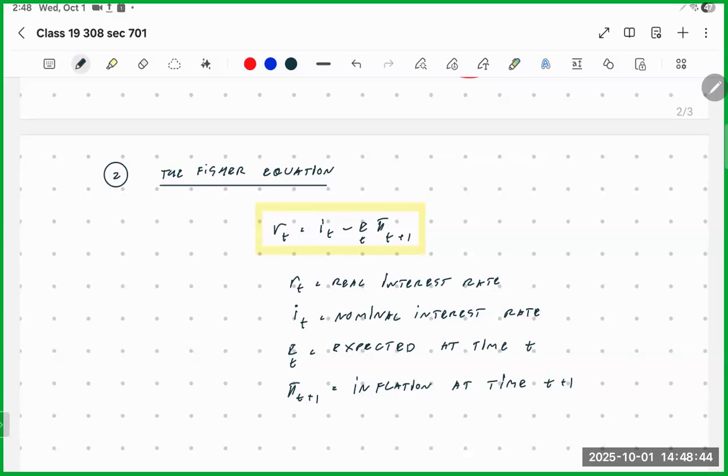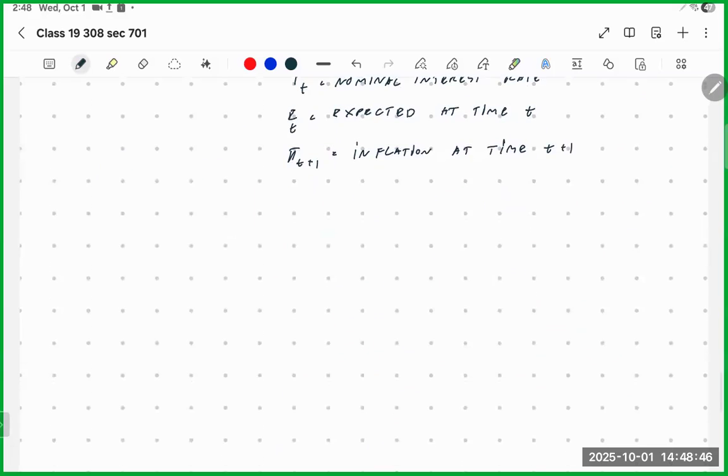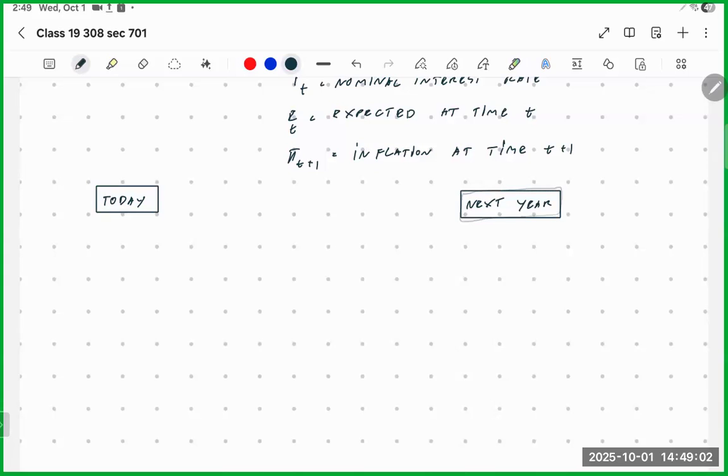Let me give you an example. You have the time period today, and let's say the future is next year. For example, you save 100 baht today with a nominal interest rate i equal to 0.05 or 5%.